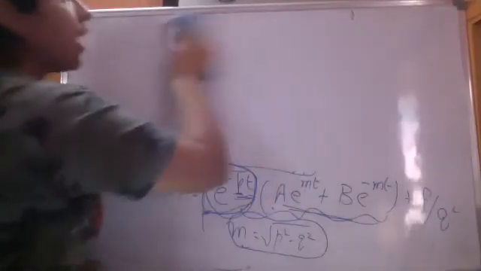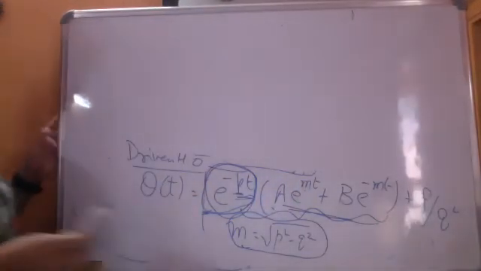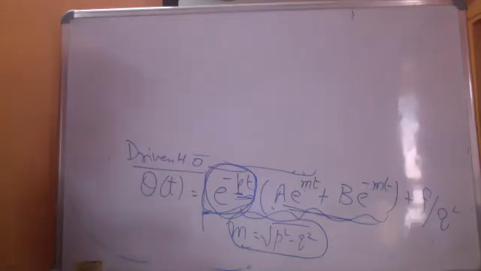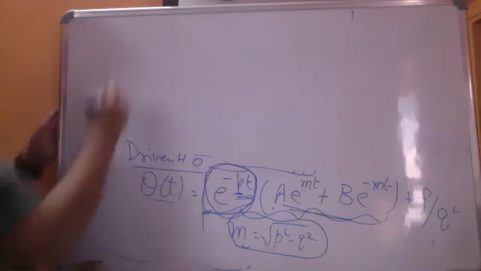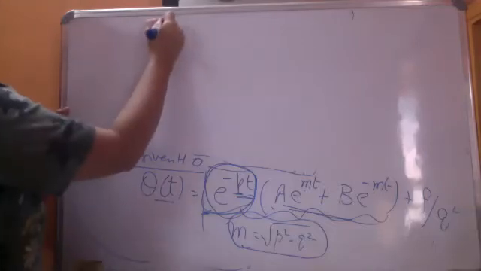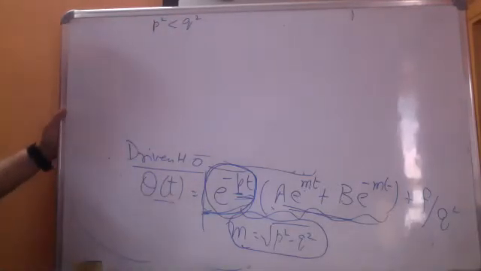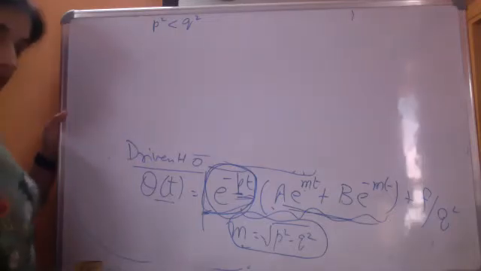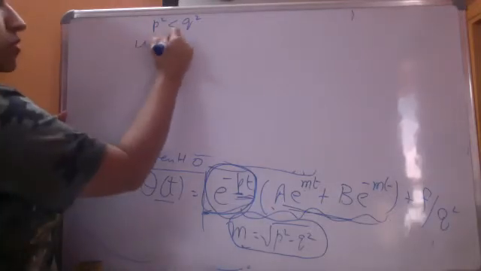Now, again, depending upon the degree of damping in your circuit, you can characterize this solution into three categories. If your solution is such that you have P squared less than Q square, your solution will turn out to be that for an underdamped case.